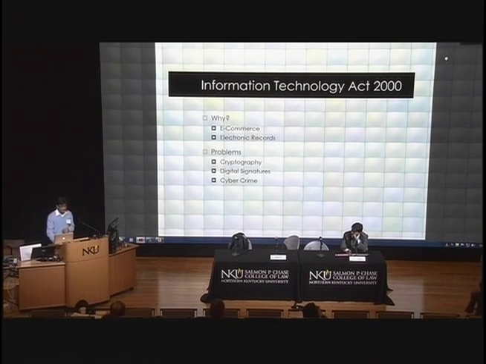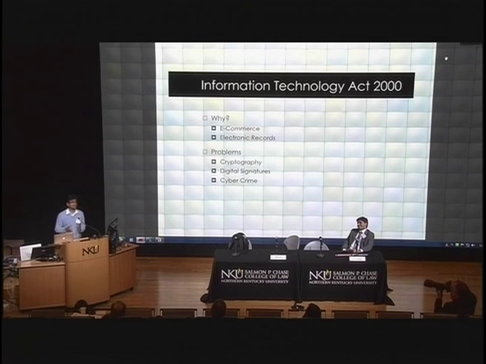The problem was that people who make laws in India, they're not very smart. Actually, that's wrong. People who make laws anywhere are not very smart, but they're also not very literate. If you're trying to make a law for information technology, you need to have a basic grasp of what information technology is, right?